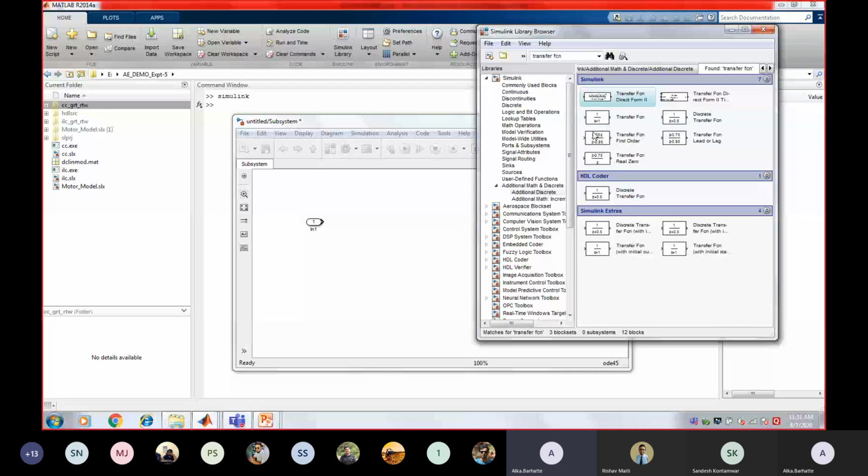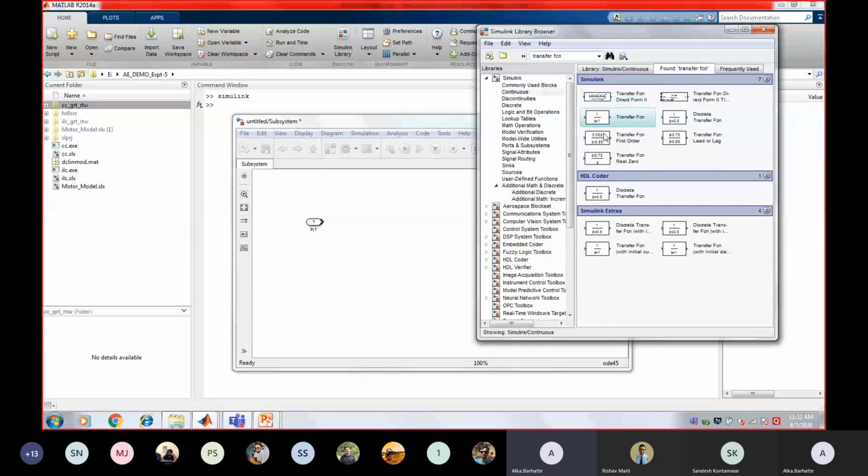So this is the transfer function we want. We are implementing our system in continuous time. How to make your design discrete, we will study in class, and we will show you one design that is converted to discrete time. So here we will use this.